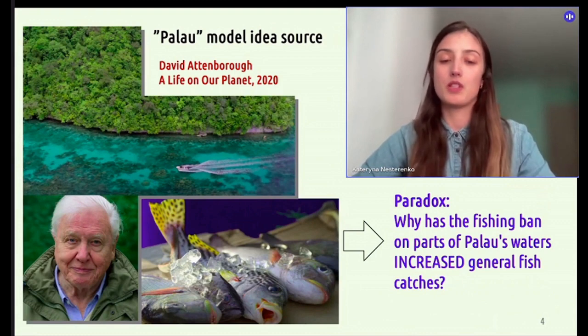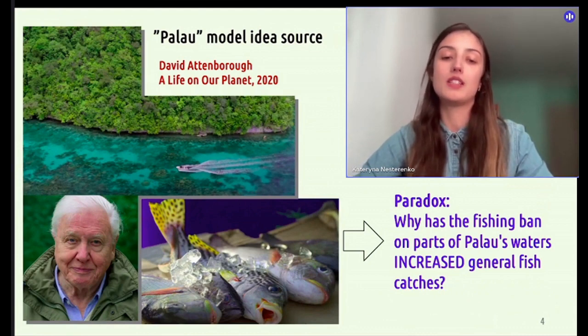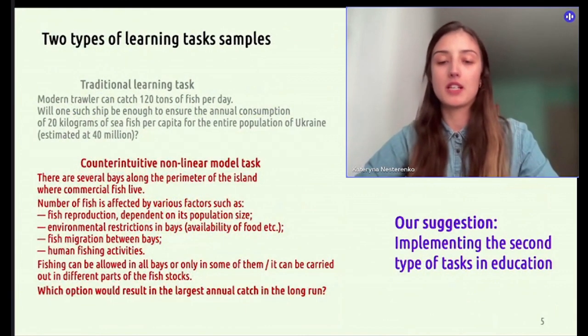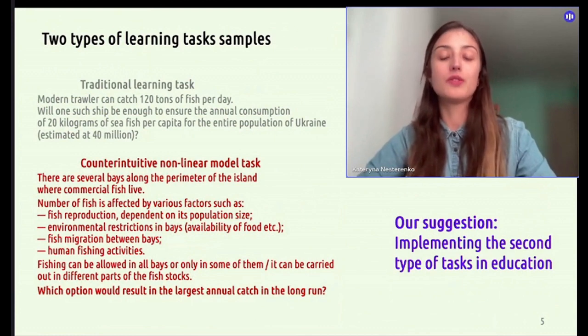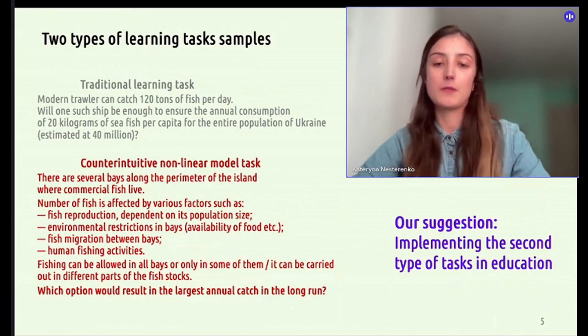We became interested in why this happens and used this idea to build a model which was later offered to school children. In fact, the theme of protecting fish stocks can be described by different types of training tasks.